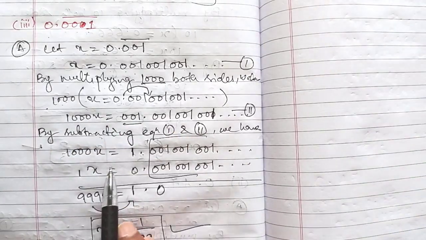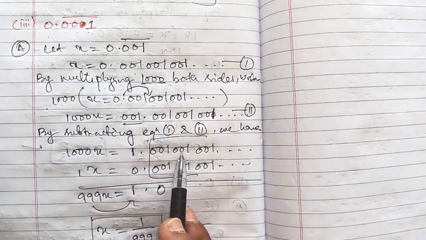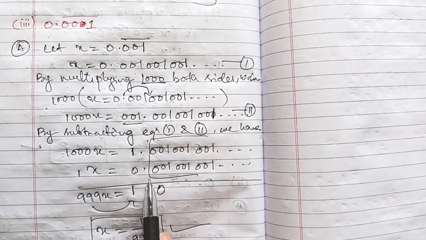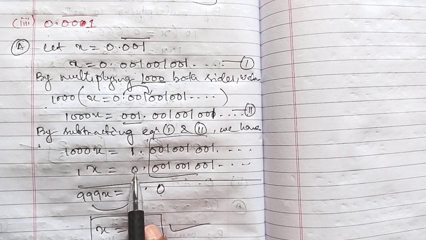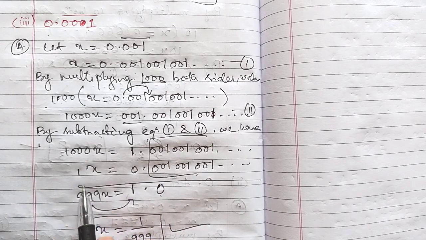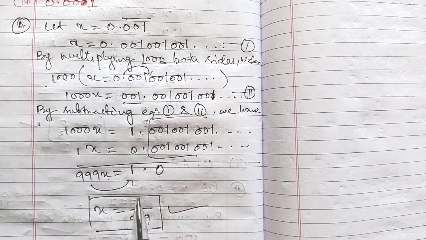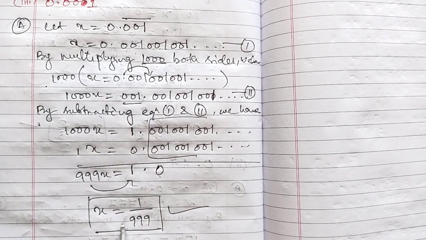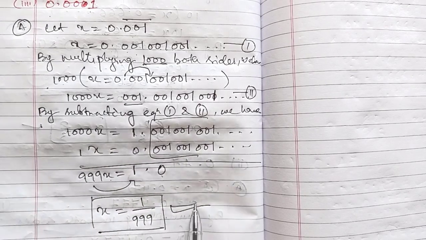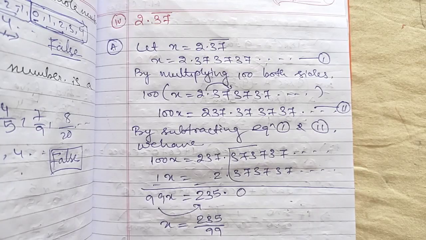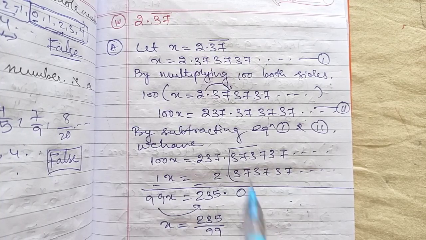All the 001 will become 0 and 1 minus 0 is 1. 1000 minus 1 is 999x. So we will divide by 999 here and we will get x equals 1 by 999. This is the answer for 0.001 bar.